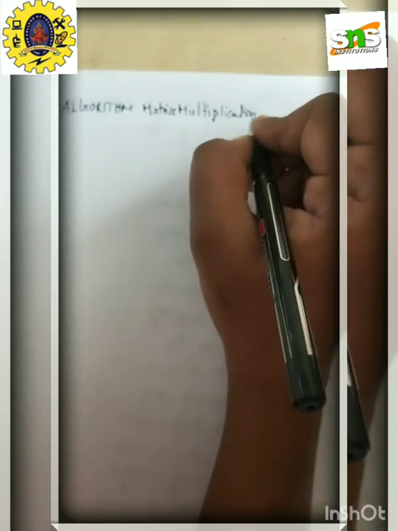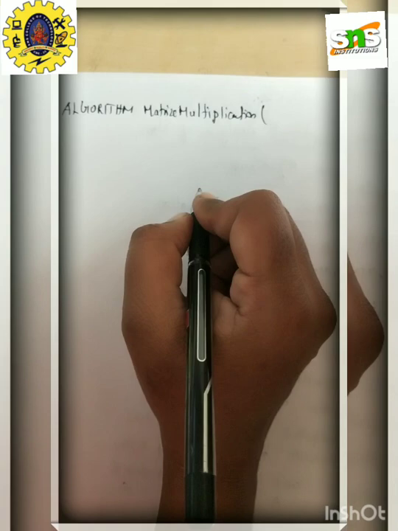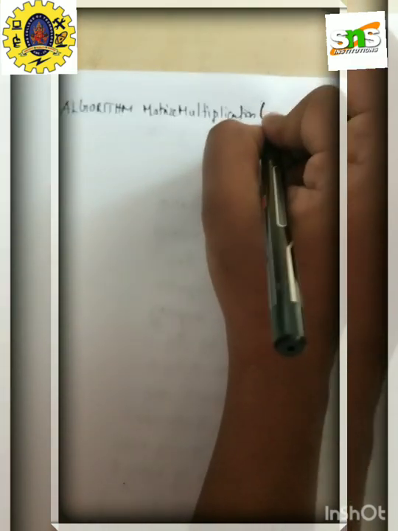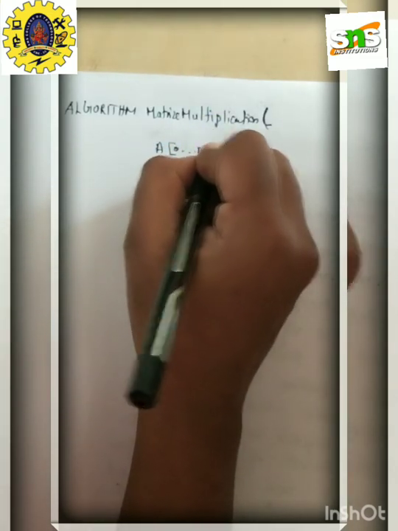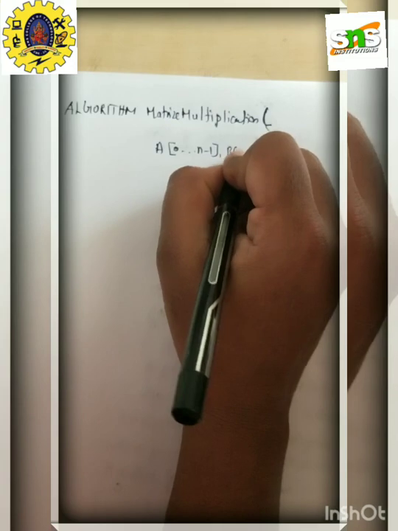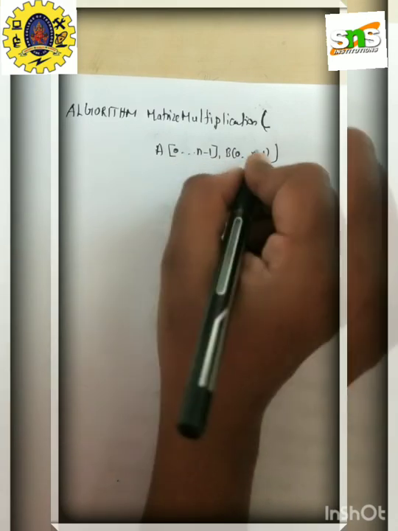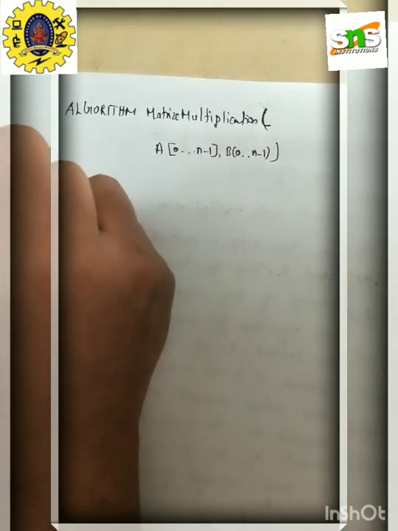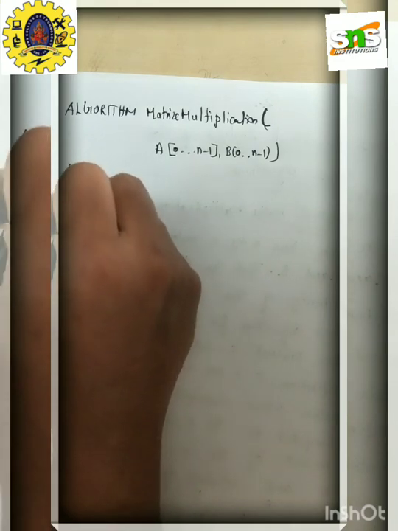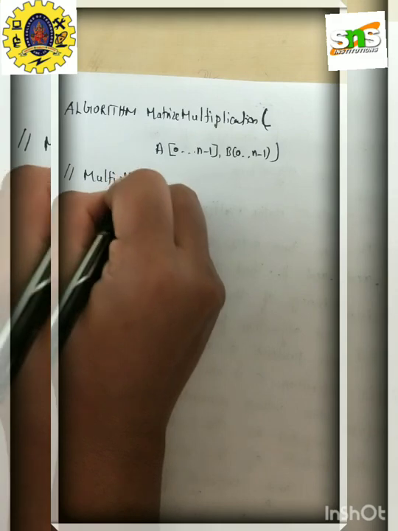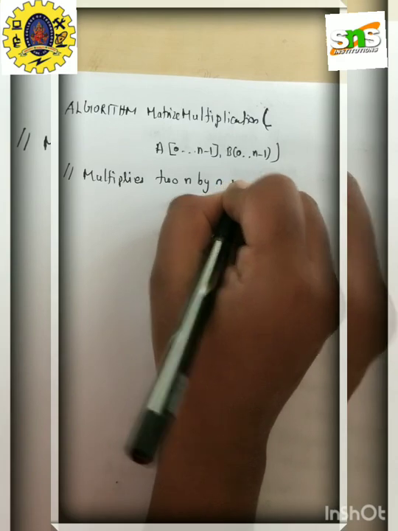The input is given as matrix A and matrix B, so I am writing A of 0 to n minus 1 comma B of 0 to n minus 1. These are the parameters passed here. Then you write a description: it multiplies two n by n matrices.